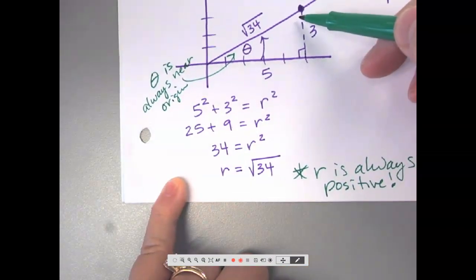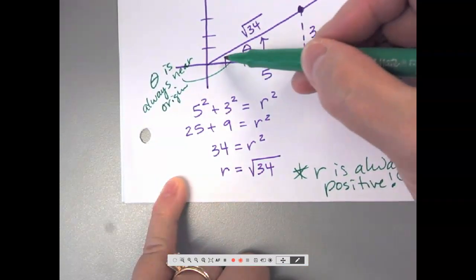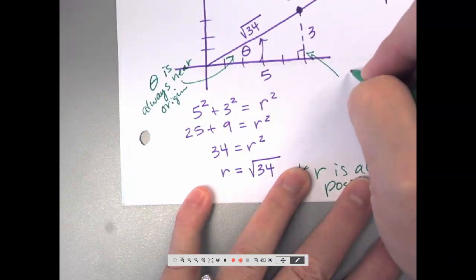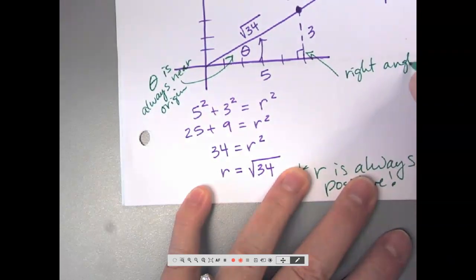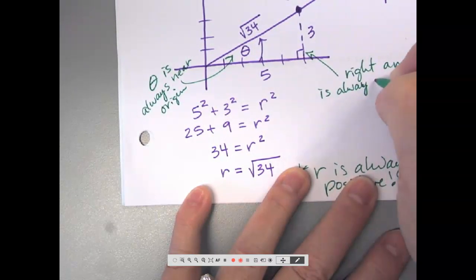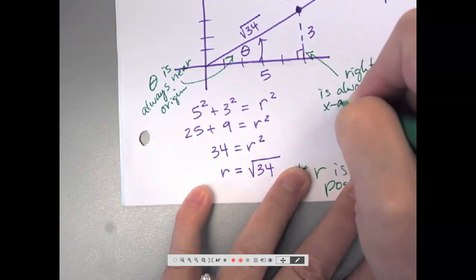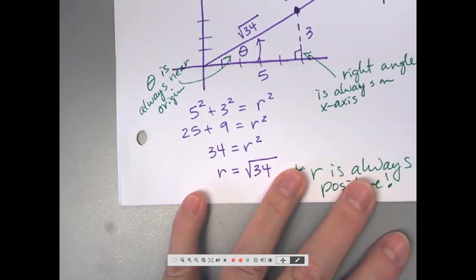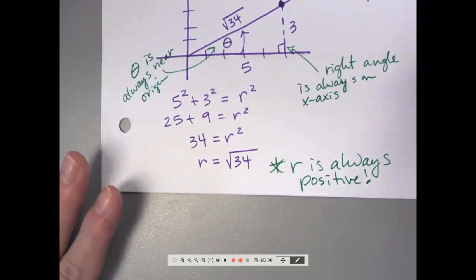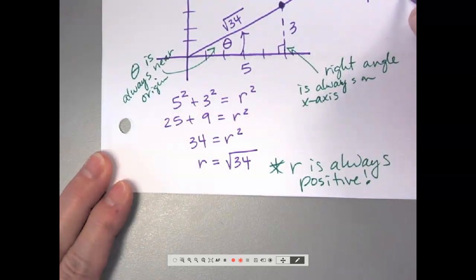So I would not put theta up here at the top of the triangle. It's always going to be over there by the origin. And this perpendicular, the right angle, is always on the x-axis. R is always positive. The right angle goes to the x-axis, and theta is up near the origin. So we found r with square root of 34.